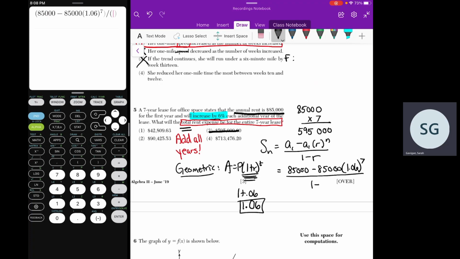So parentheses are on the top, hit enter, and then parentheses are on the bottom. 1 minus 1.06. Hit enter, and we get this number.